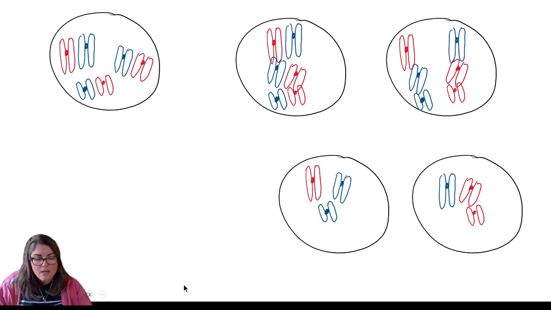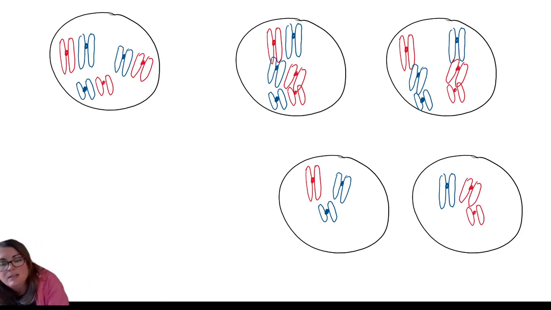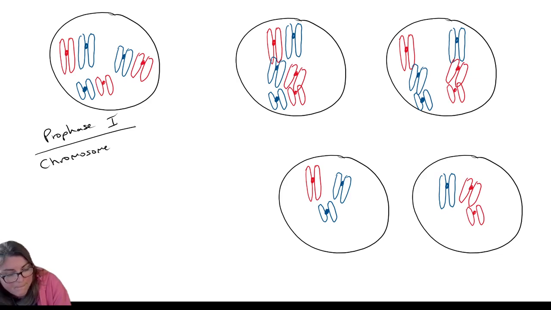So what am I showing here? Well, what I was asked about was what are the phases of meiosis? If we're looking at prophase 1, the key thing to note is that the chromosomes are condensing. The chromosomes condense, therefore the chromosomes are now visible.